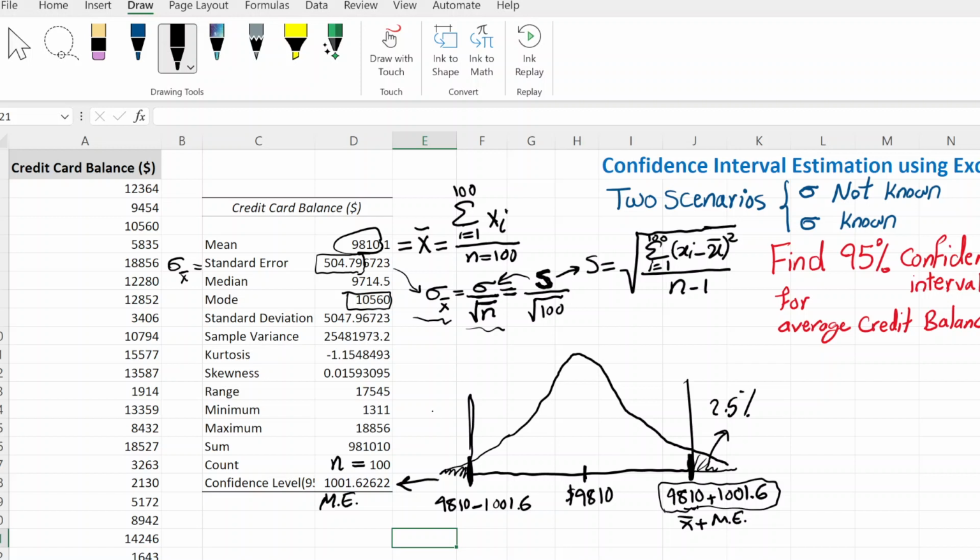And there is only a 2.5% chance statistically that the average credit card balance of 1 million customers of this company is below about $8,810. And there is a 95% chance that the average credit card balance of 1 million customers of this company is in this range. That is the meaning of this whole thing.